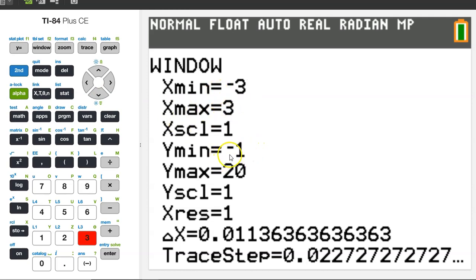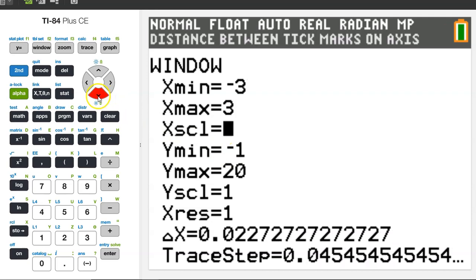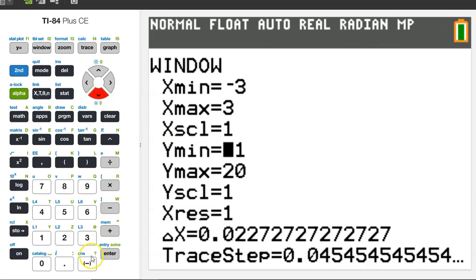I don't know what the y values need to be like, so I usually start off with a range of -10 to +10, and then I make adjustments from there. So I'm going to start off like that. Hit graph. Let's see what we've got.